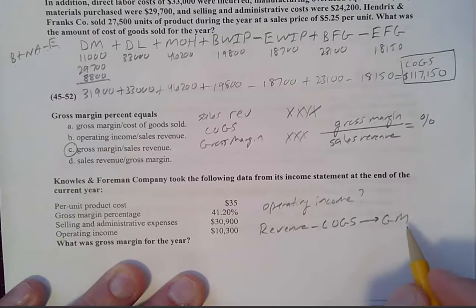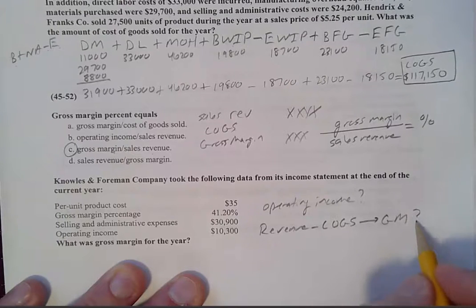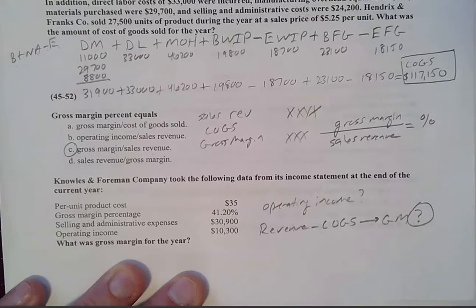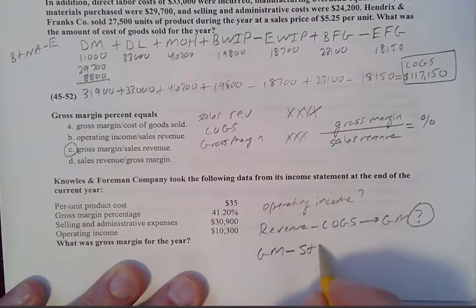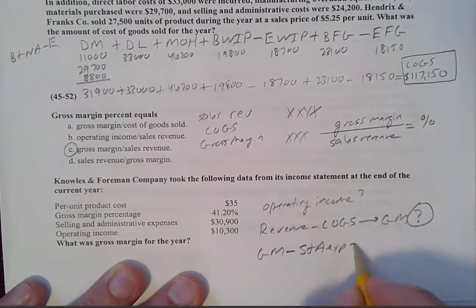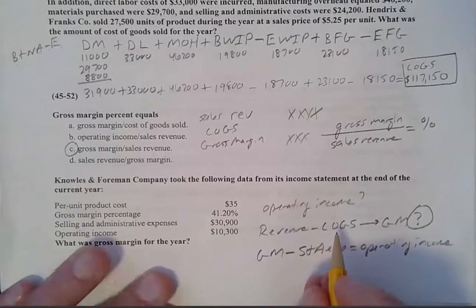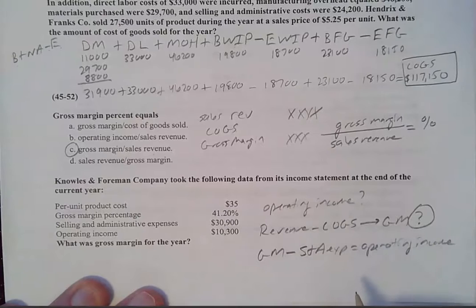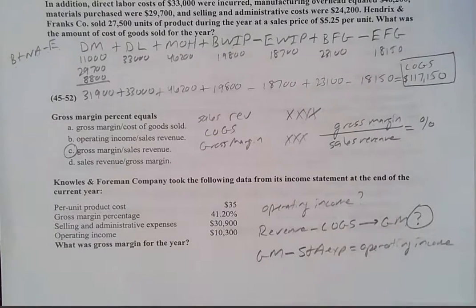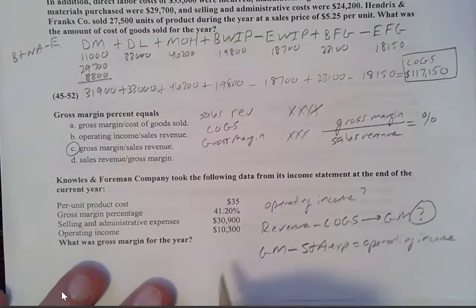If, however, whatever this magical gross margin number is, we subtract out from gross margin selling and administrative expense, that equals operating income. So if that's true, all we have to do to answer this question is simply add these two figures here. That's it.